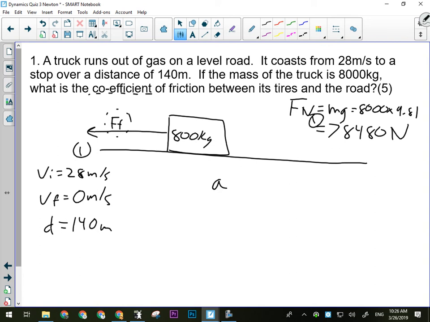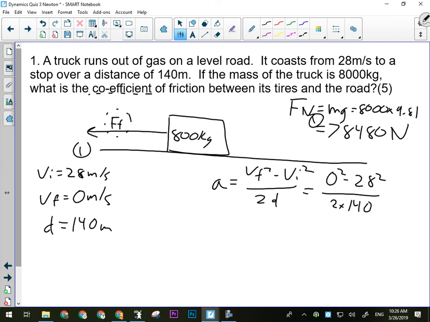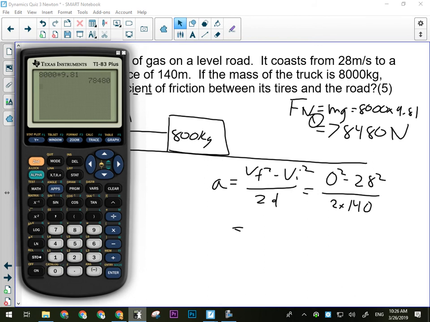So I'm going to find the acceleration, okay? And I'm going to use VF squared minus VI squared over 2D in order to do that, okay? So we'll have 0 squared minus 28 squared divided by 2 times 140. Okay? So they can have a mark for their answer here. They actually have to get the right number for the acceleration to get this mark.